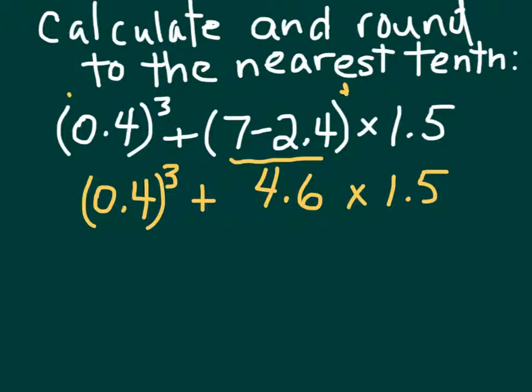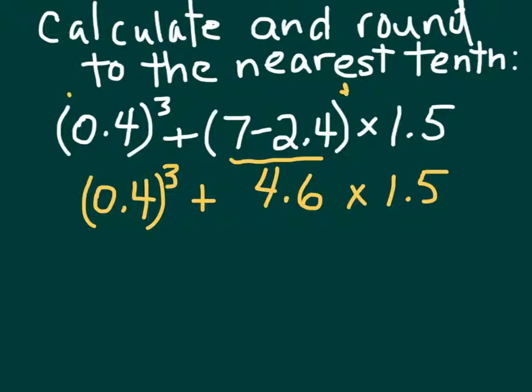So then you think about, well, what do we have left? We've got an exponent of 3 right in the front here. We've got adding, we've got multiplying. So what does PEMDAS tell us that we should be doing next? I'll stop and let you think about that for a second.